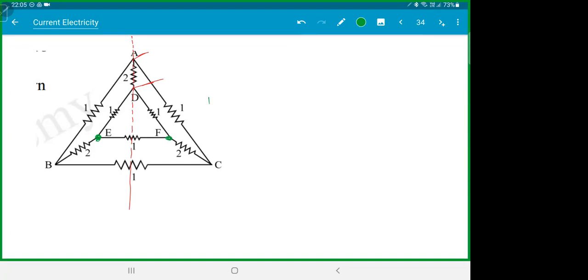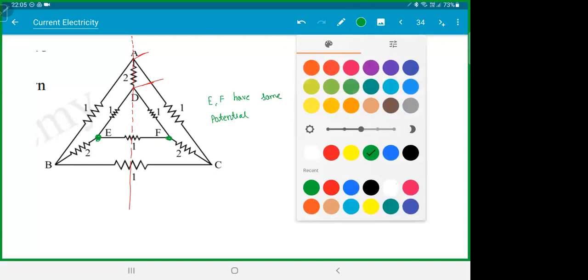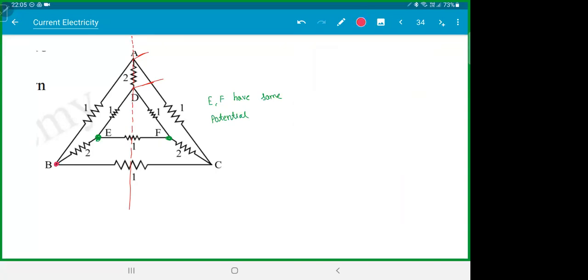Left and right are same mirror images. E and F have same potential. Similarly, B and C also have same potential. Means anything between them can be removed.